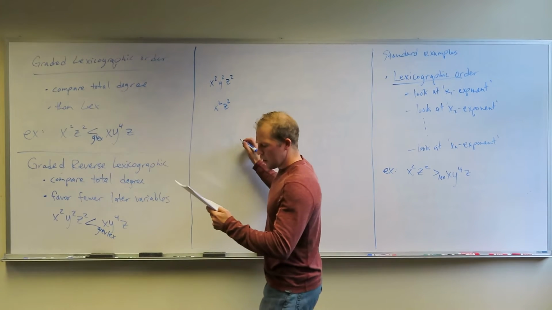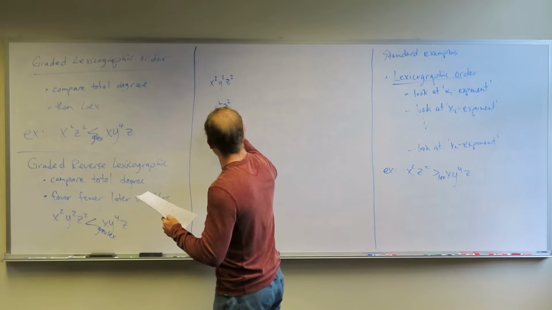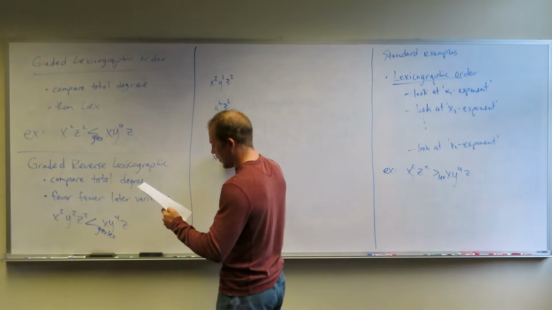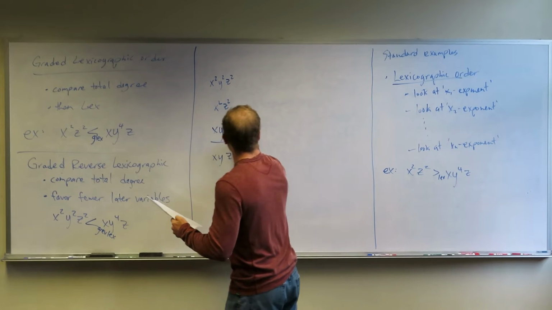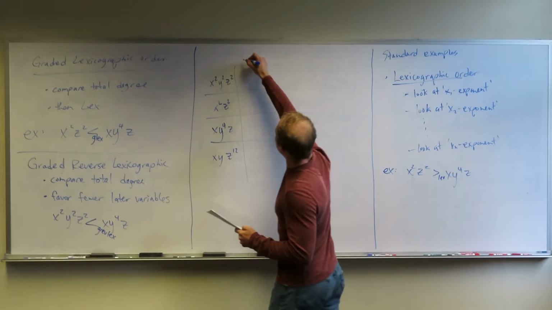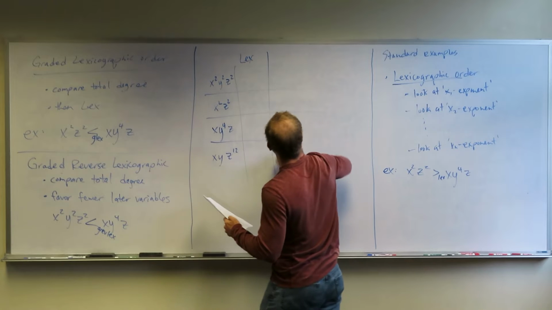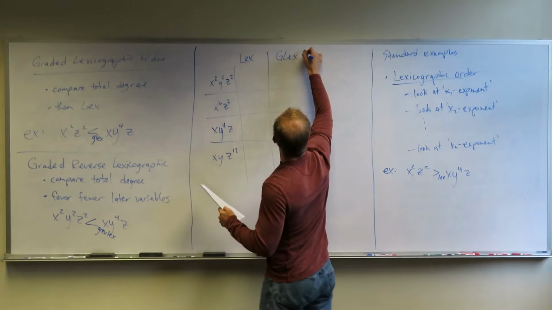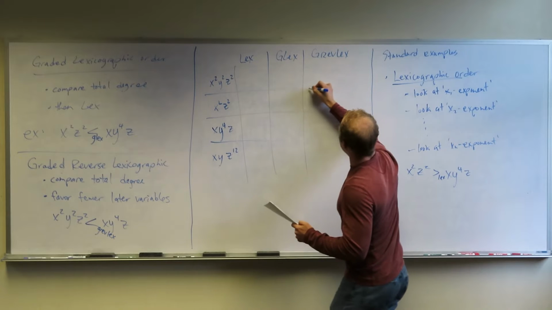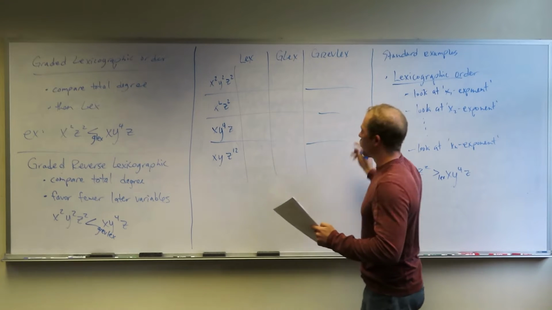Right. So maybe just to resolve any still ambiguities about how these things work, let's sort these four monomials using each of these three monomial orders. So do Lex, GLex, and GrevLex, and we'll just rank these.